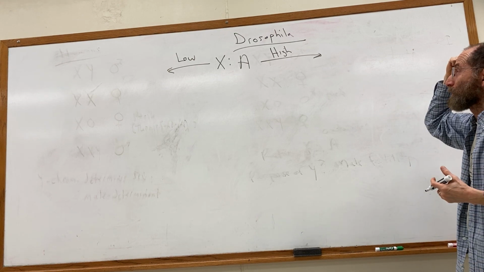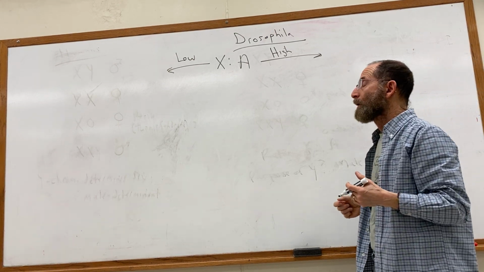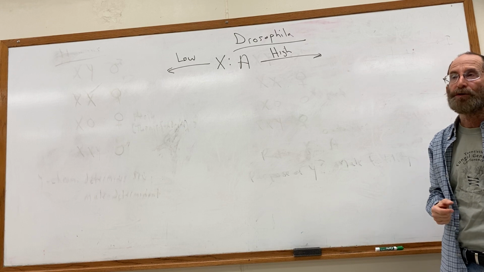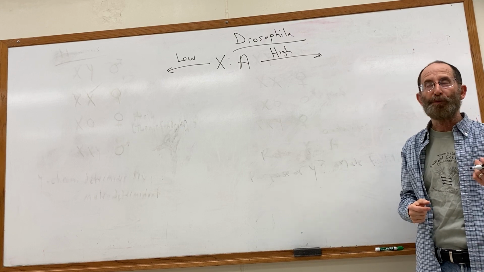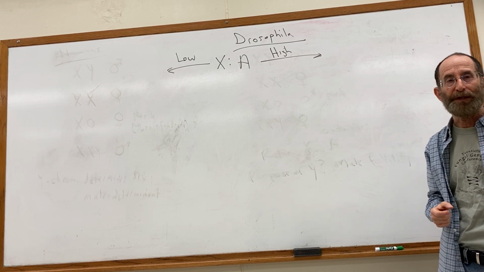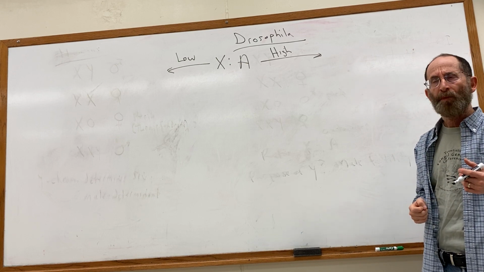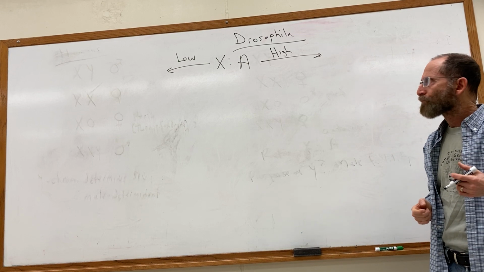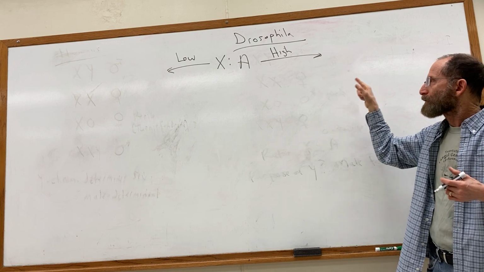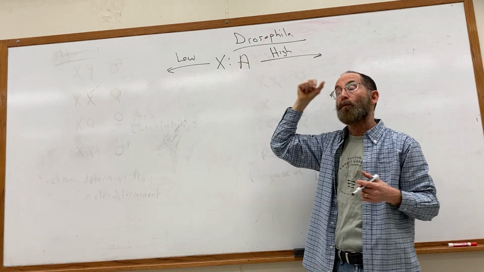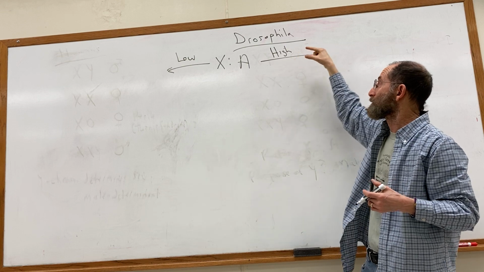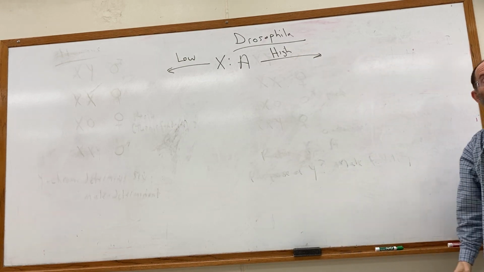So if there's a high ratio of X to autosome, and those of you who are considering your next wiki, which will still be due even though we're working remotely, in April, coming up, we're not going to talk about all the details of this, but we'll talk about some of the details that lead to the final outcome.